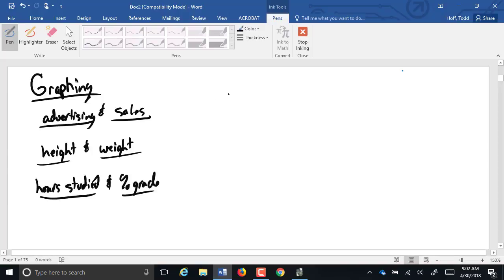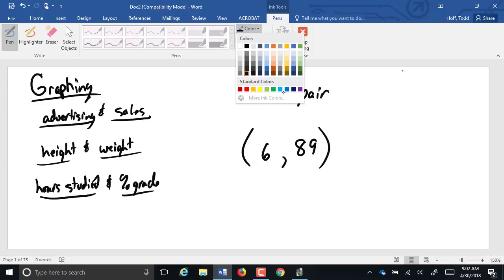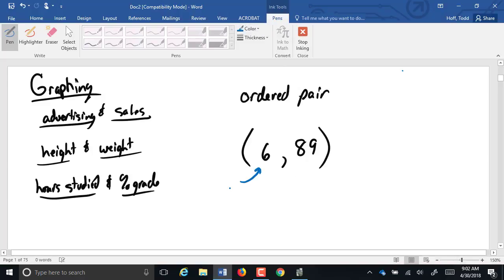So what we're going to do is list them as what's called an ordered pair. So let's say that a person who studies 6 hours a week gets 89% on the test. The first number always represents the same thing. In this case, it's hours studied. The second number also will always represent the same thing for these pairs, and in this case, that is percent grade on a test.